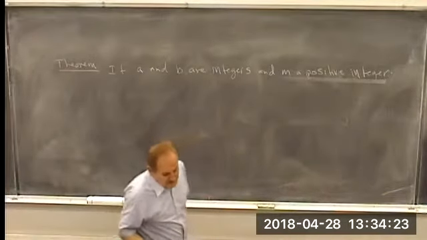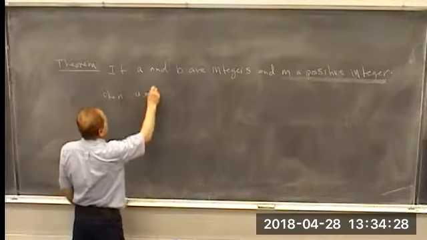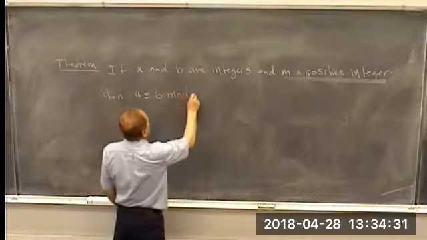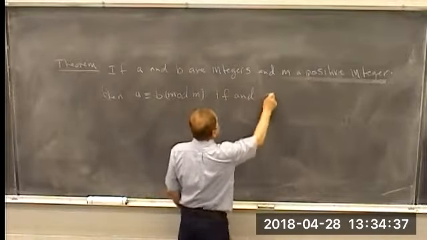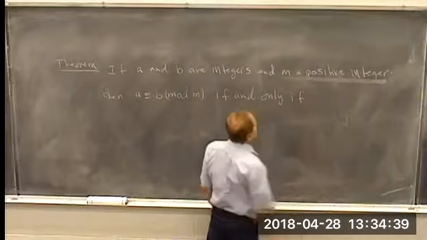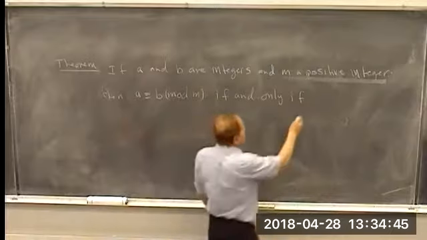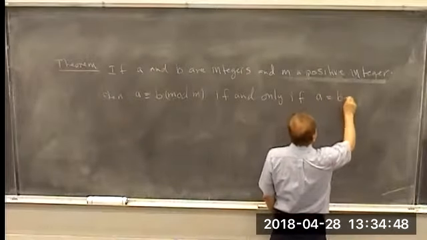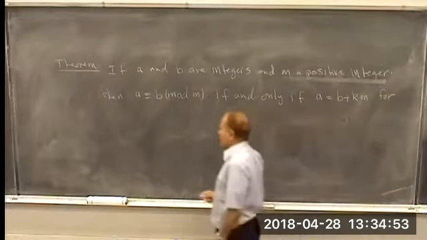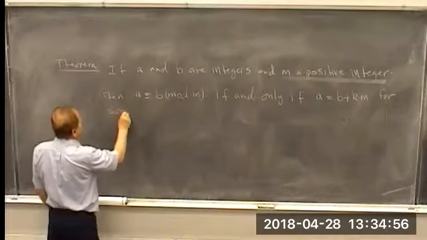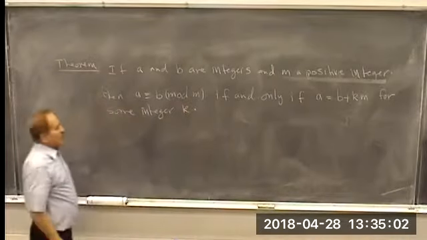So if this is the case, then A is congruent to B mod M if and only if A is equal to B plus KM for some integer K. All right, let's go ahead and prove this.